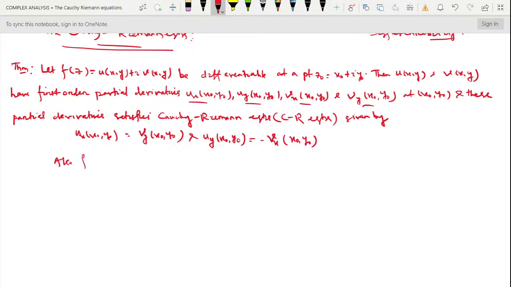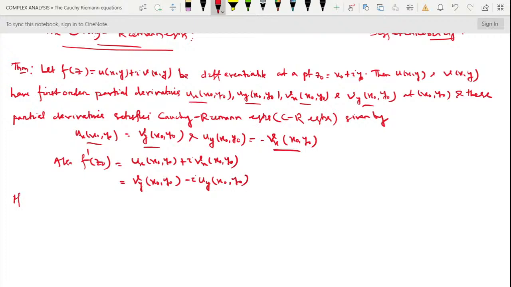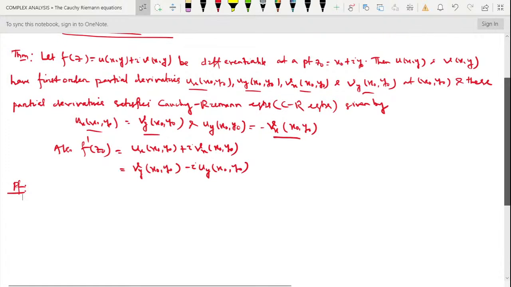Also f dash z naught is equal to u_x at x naught y naught plus i times v_x at x naught y naught, and since u_x equals v_y, I can write this as v_y at x naught y naught, and since v_x is minus u_y, I can write this as minus i times u_y at x naught y naught. Okay, so this is the statement and we have to prove this.